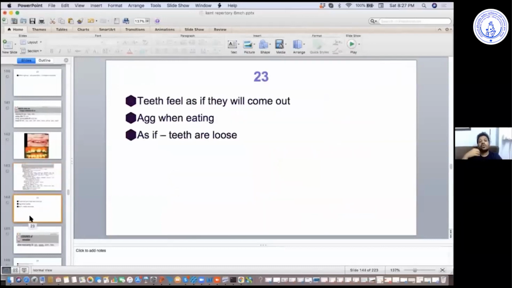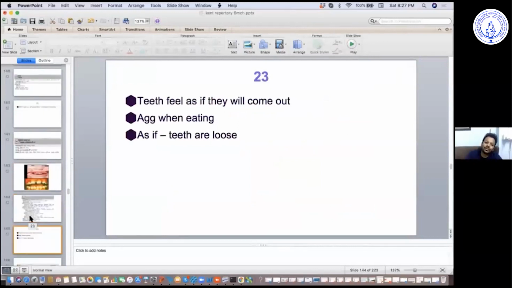Patient tells you, doctor, when I'm eating food, I feel that my teeth are very, very loose. I feel that my teeth will come out. It's so loose that the teeth will come out. Batao. How will you take this? Batao.